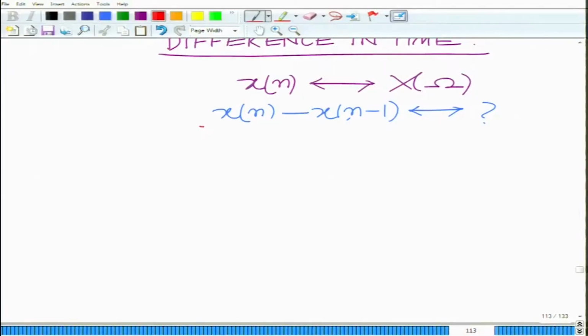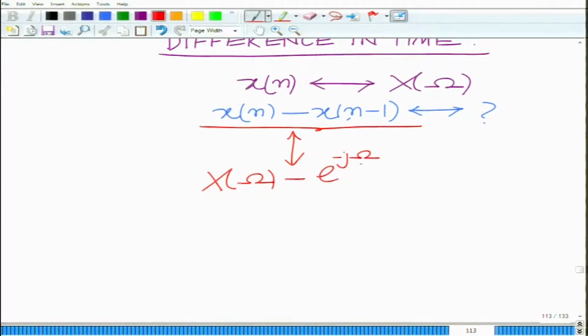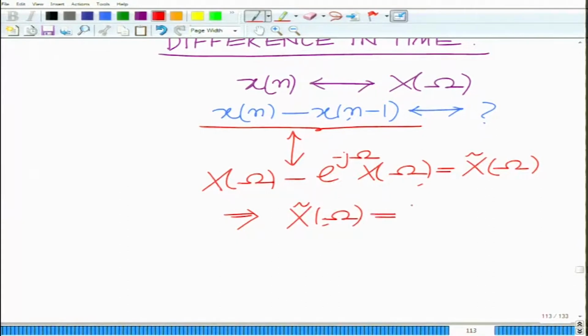Now if you take the Fourier transform of this, you can see it is very simple. This is X of omega minus the Fourier transform of x n minus 1, that is, the delay in time leads to modulation in frequency, e raised to minus j omega X omega. So the DTFT of x n minus 1 is e raised to minus j omega into X of omega.